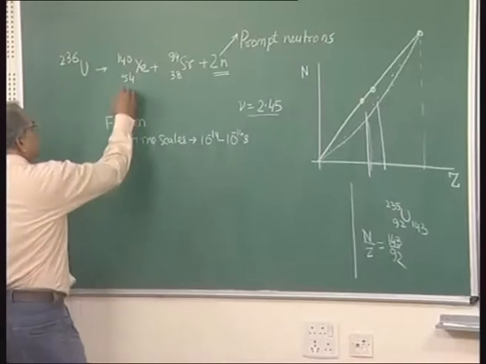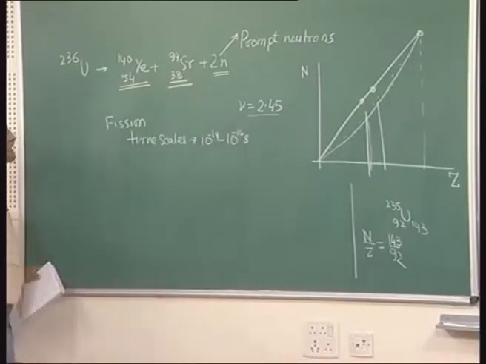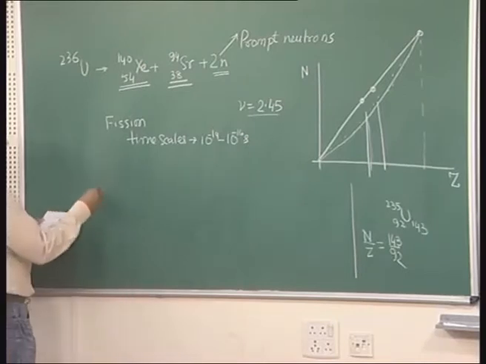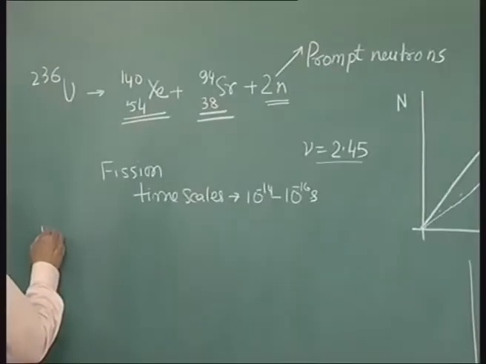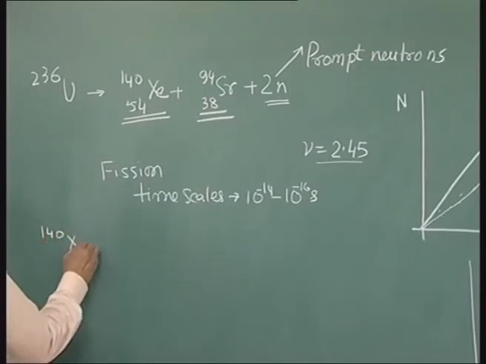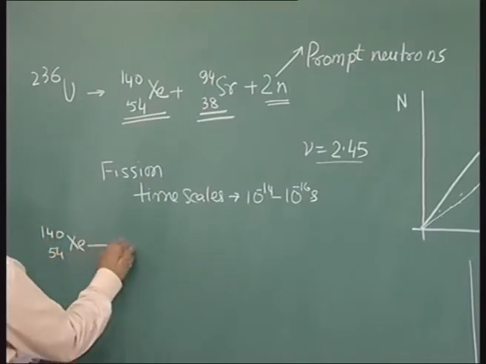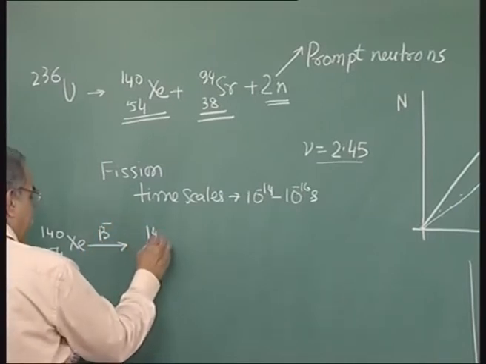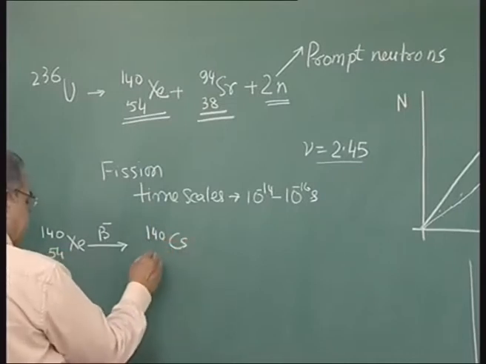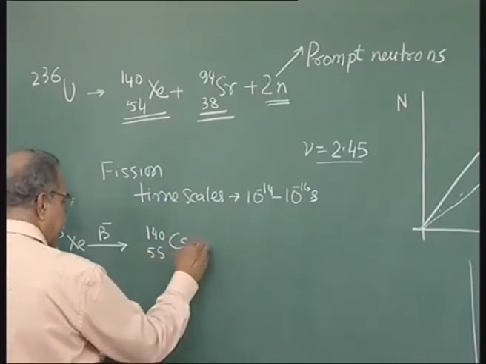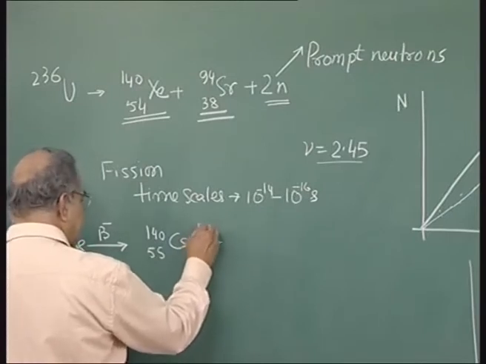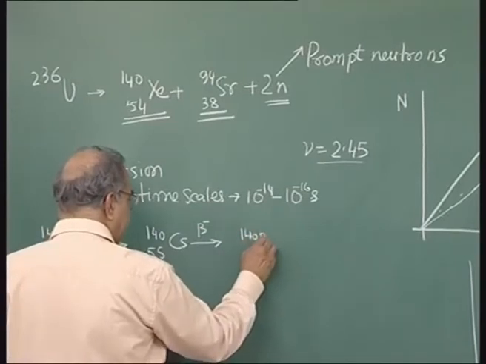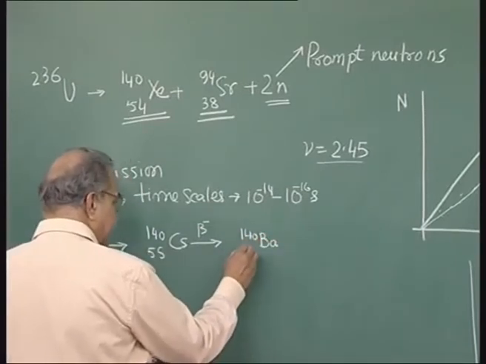For example, in this reaction, these 2 elements that are created here, they are beta active, and they come to stability through these reactions. 140 xenon 54, this will beta minus decay to 140 Cs 55, and this will beta decay to 140 Ba 56.